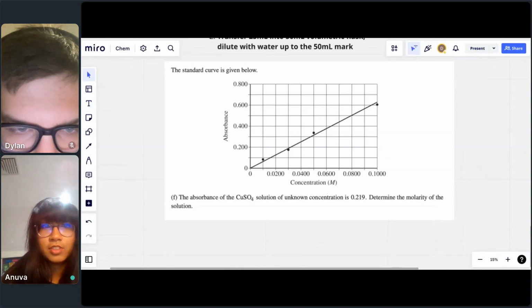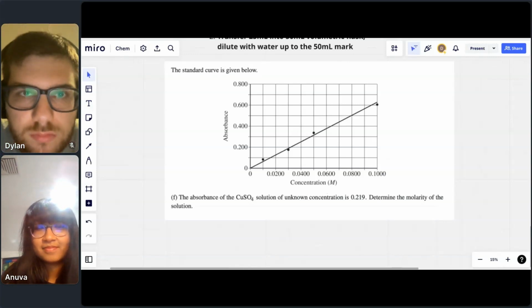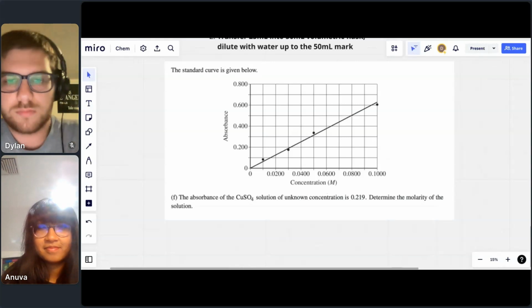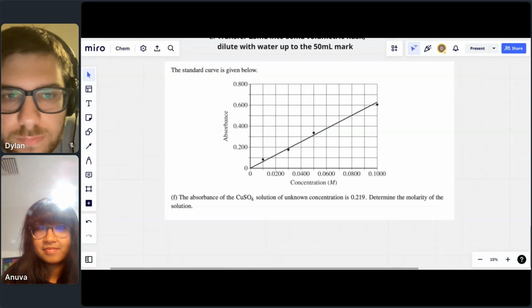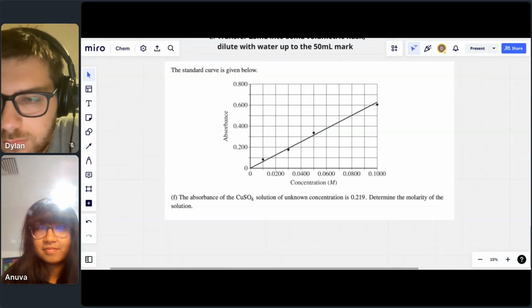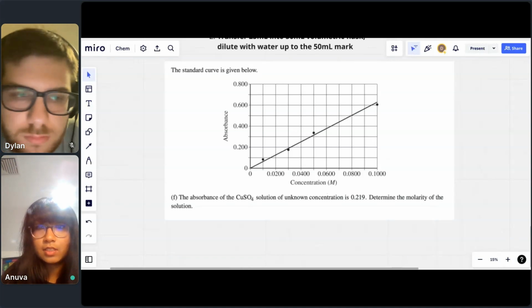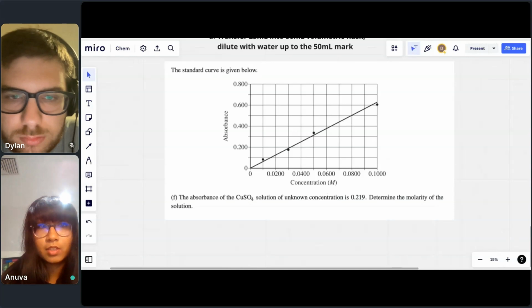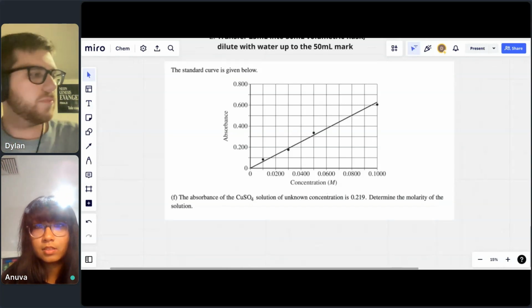For part F, you have to take a look at the graph. For sig figs, I would use the sig figs that are given within the X and Y axis.